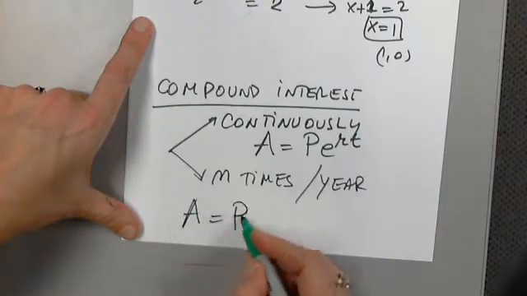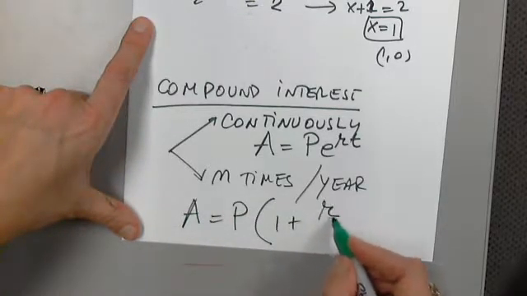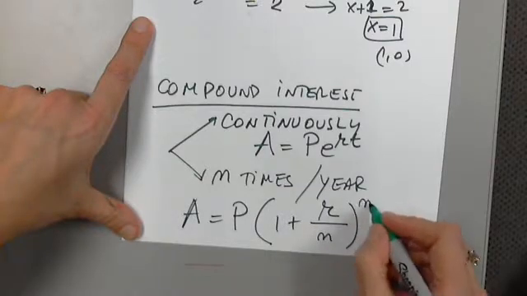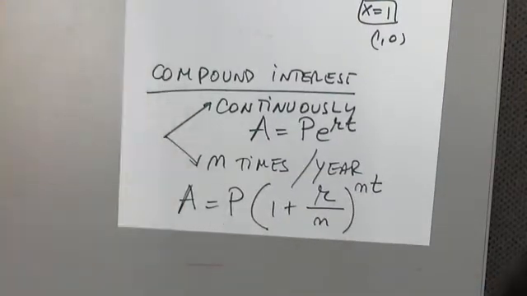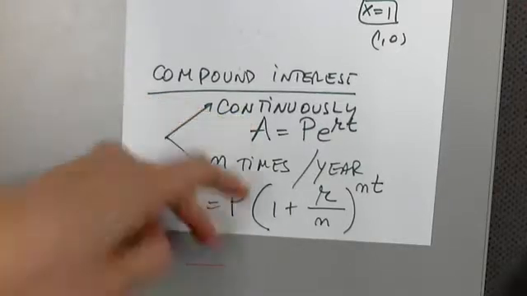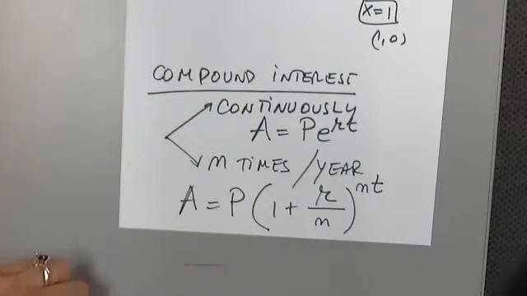A equals P in parentheses 1 plus R over N, everything raised to lowercase n times T. These formulas will be given to you. But what we need to remember is what each and every piece represents, each and every letter.